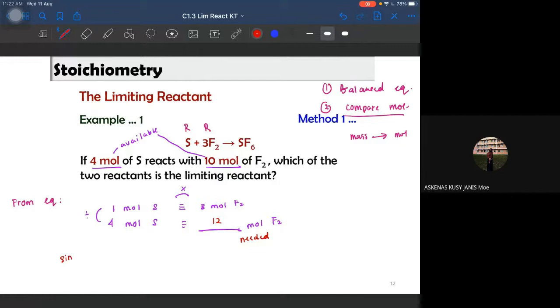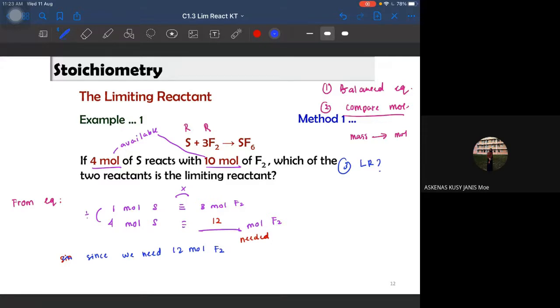Alright, so the conclusion will be, right, since we need 12 mole of F2, kalau kita guna 4 mole of S ni lah kan, sebab kita guna comparison. Okay, so kenapa kita guna comparison? Sebab kita nak tentukan siapa limiting reactant. Okay, so kita compare je lah, mana-mana reaction pun boleh.